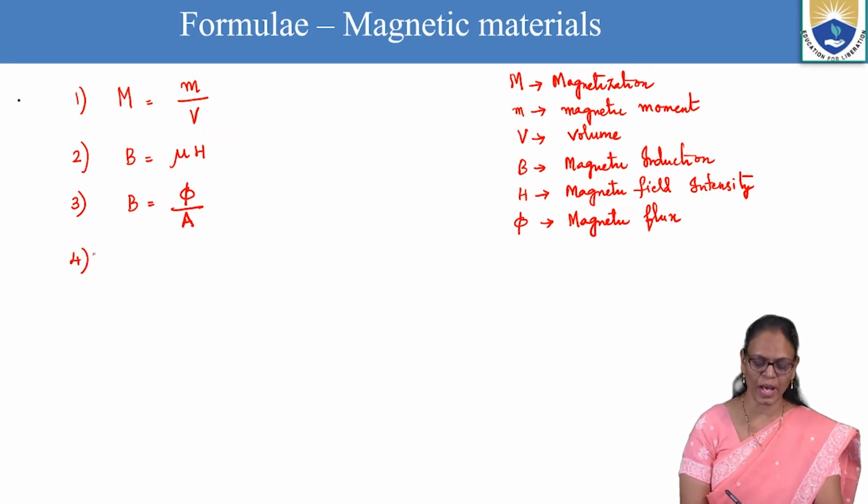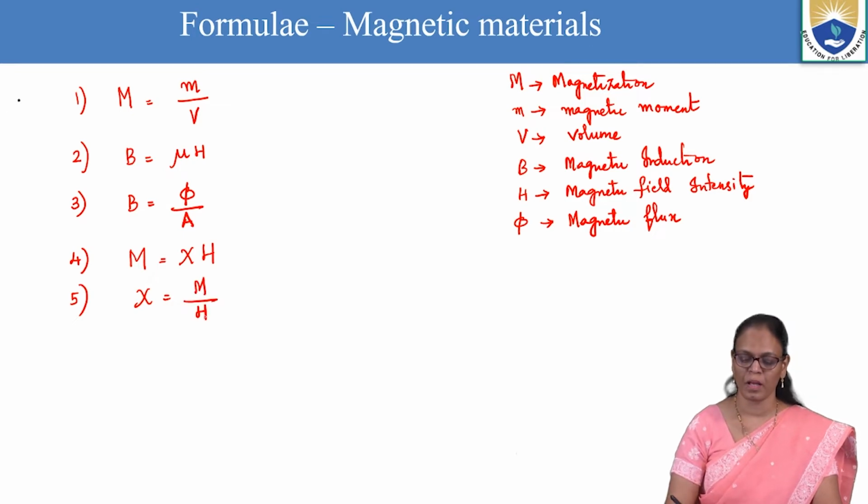Then we also have the magnetization M is equal to chi into H, or chi is equal to M by H. Capital M is the magnetization, H is the magnetic field intensity.